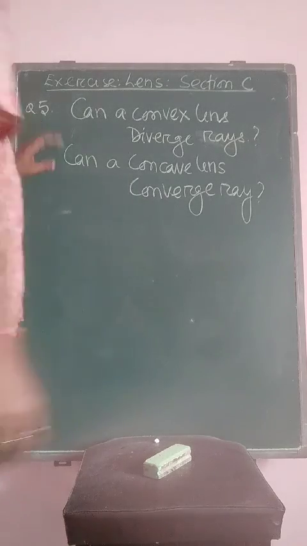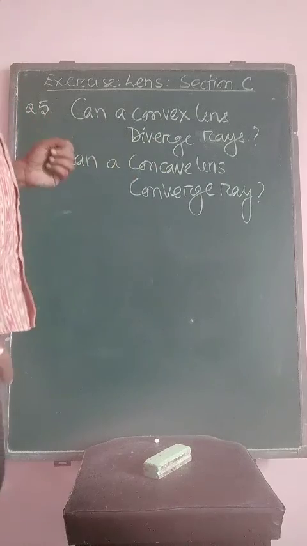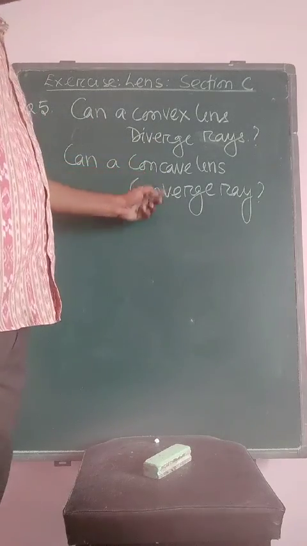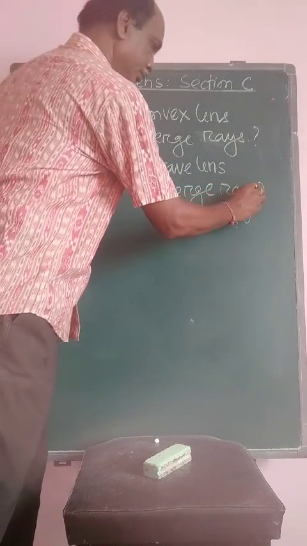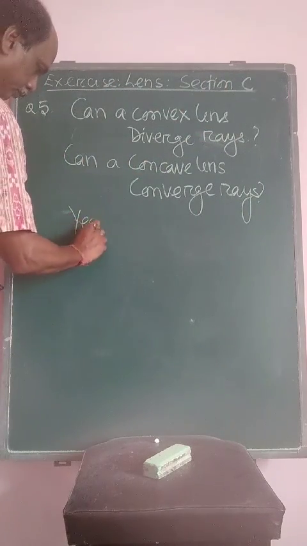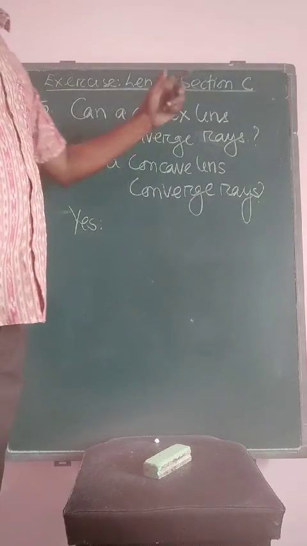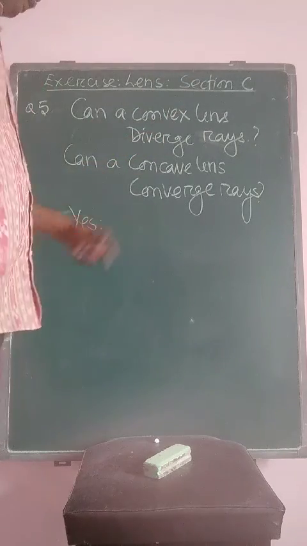Question number 5. Can a convex lens diverge the rays? Can a concave lens converge the rays? Yes. A convex lens can act as a diverging lens. When?